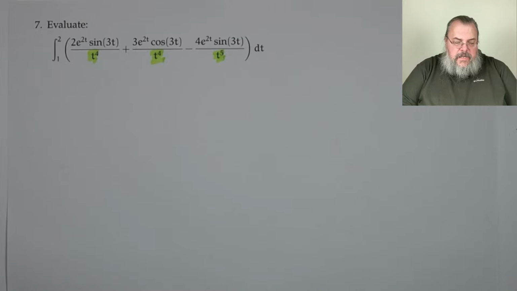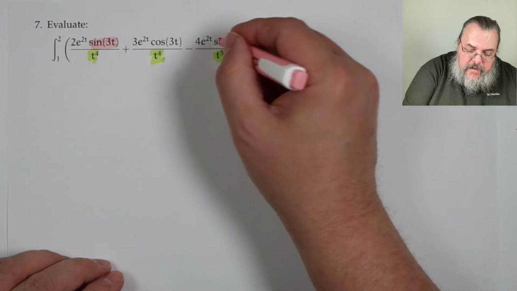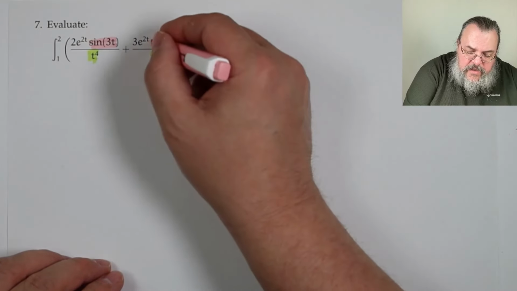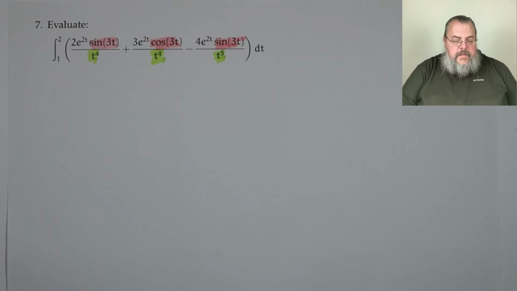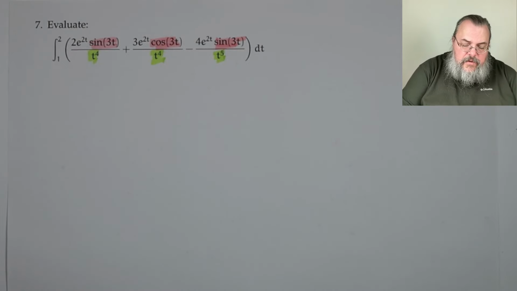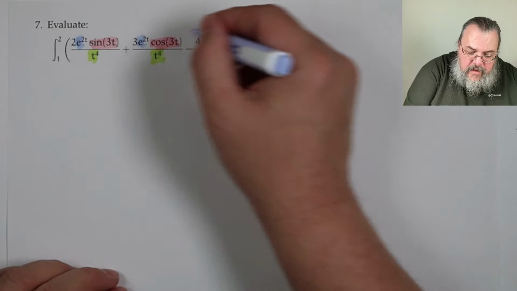Curious. I also see I have 2 places where I have a sine, the sine and the sine. And there's this one place which has a cosine. But then I also have a third thing, which is these e to the 2t's. So it's like I have 3 pieces coming together.